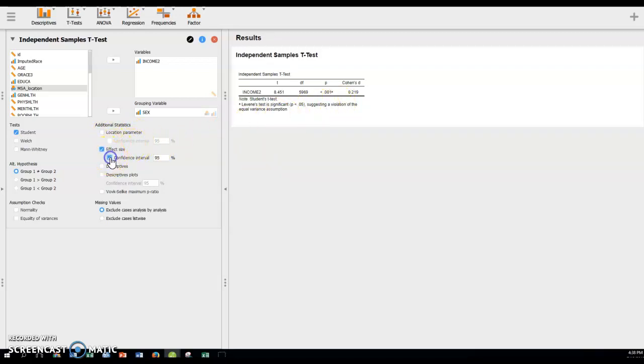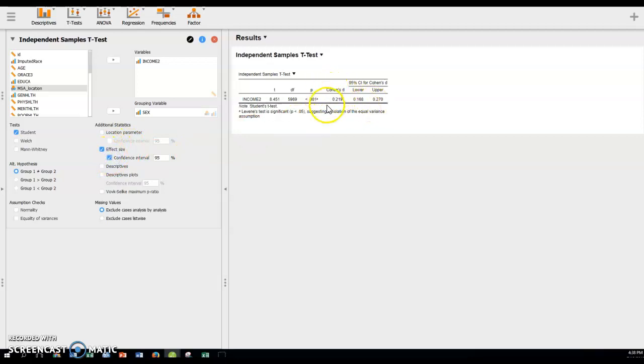We might also realize that this is just for the sample, so the 6,000 people in our study. If we're going to look at the entire state of Pennsylvania, probably that effect size is somewhere between 0.168 and 0.270.